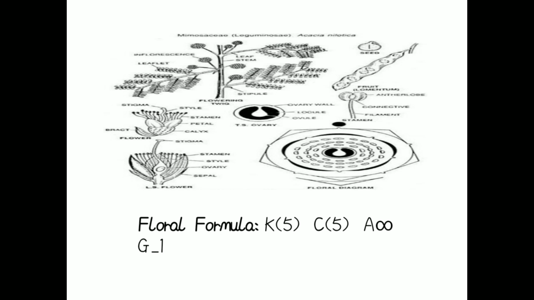Then the twig of the Acacia nilotica plant, along with the floral diagram, and according to this floral diagram we have represented the floral formula, that is calyx, as we have discussed earlier. Calyx 5, corolla also 5, androecium infinite, and gynoecium, that is ovary, superior or hypogynous.